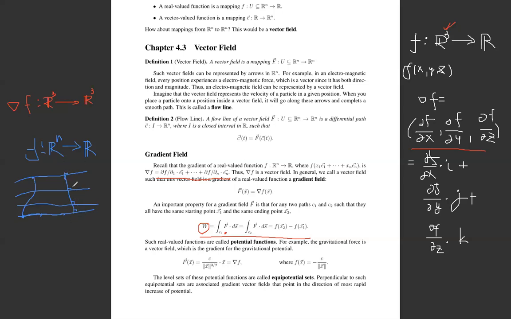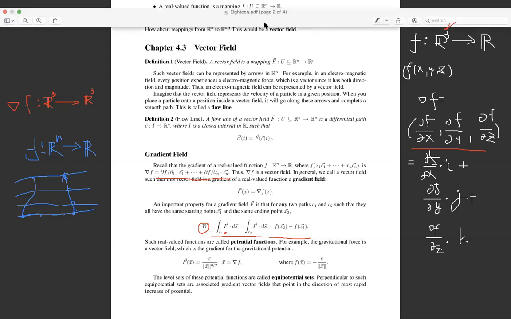In the context of gravitational force, this would be free fall, the fastest way of dropping, let's say, from a certain height to the ground. Does that kind of make sense? Okay.